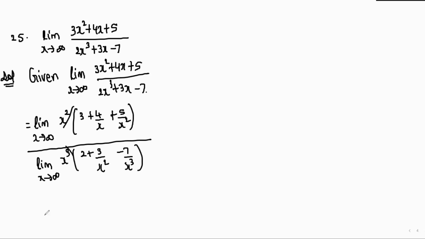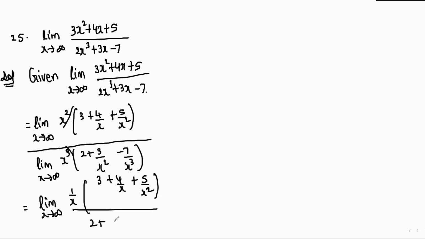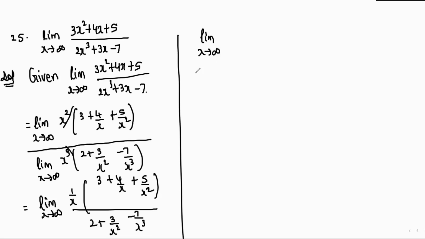X square gets cancelled. That is limit x tends to infinity 1 by x into (3 plus 4 by x plus 5 by x square) by (2 plus 3 by x square minus 7 by x cube). As x tends to infinity, 1 by x tends to 0.